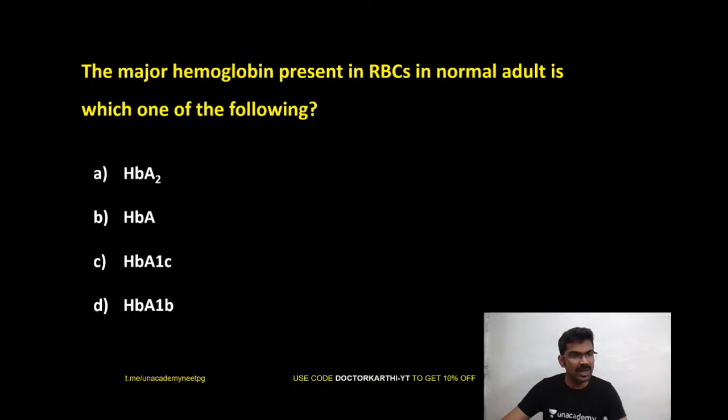Okay, so here people have confusion between option B and option D. So what is HbA2? A2 is alpha 2 delta 2, right?